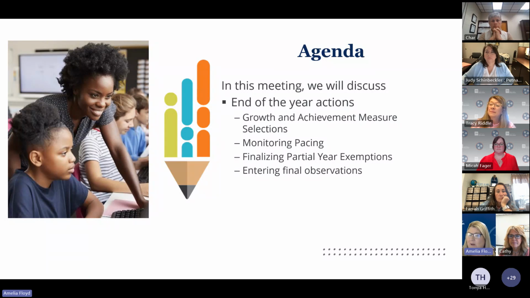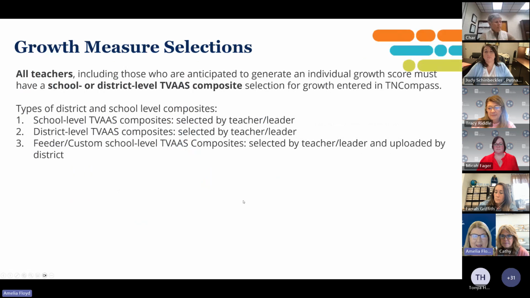Today, we're going to start talking about end of the year actions. I can't believe it's already near the end of the year, but it is, and we're going to start talking about things that you need to be thinking about to finalize the 23-24 school year.